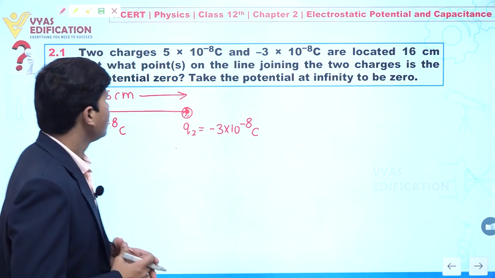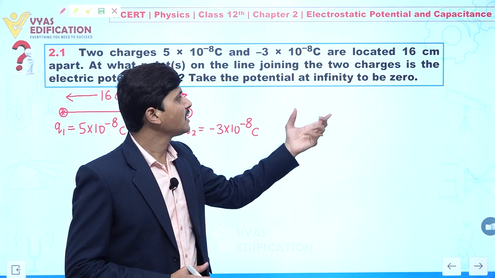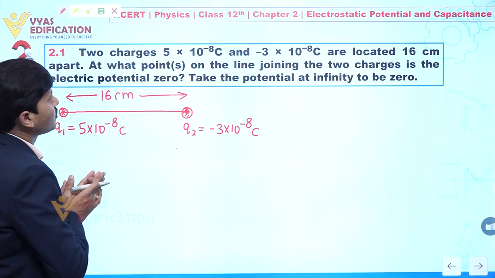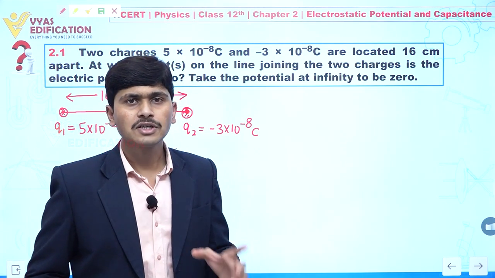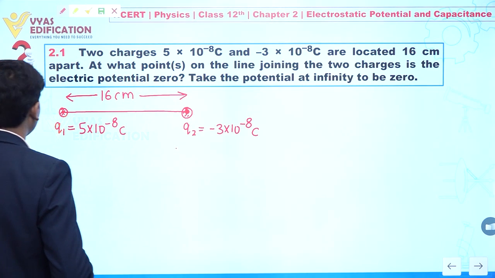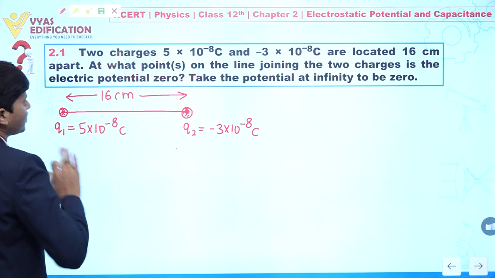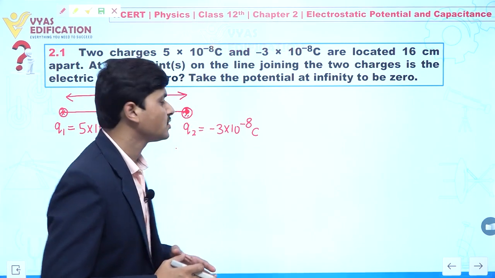One reference is given to you: take the potential at infinity to be 0. So we have to find the position of a point where the electric potential is 0. Let's initially take 3 points and try to understand at which point we can find the electric potential to be 0.